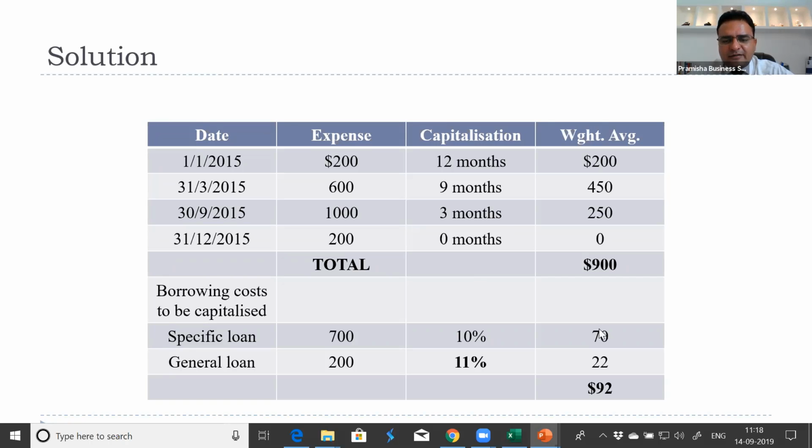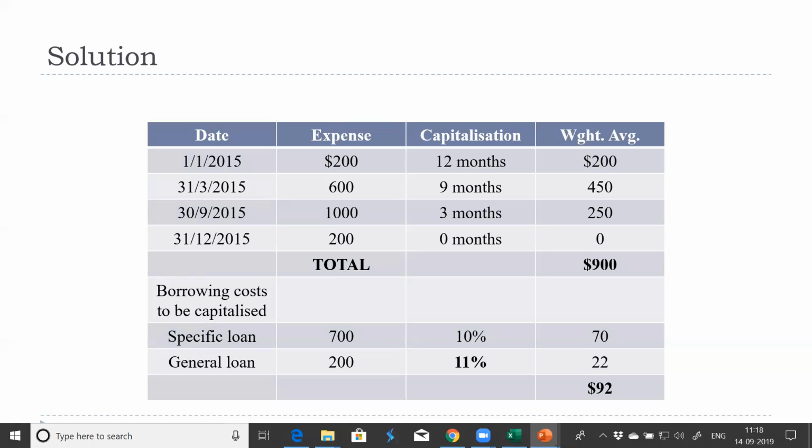Total funds are 900. Total interest expense is 92, which is eligible for capitalization. This 92 will also reduce because of the 500 invested temporarily for 3 months. Any investment income you get because of temporary investment reduces your borrowing cost eligible for capitalization. So we will assume the same rate of 10%. Not necessarily. You may be able to reinvest it at the rate of 9 or 8. That will be mentioned in the question.